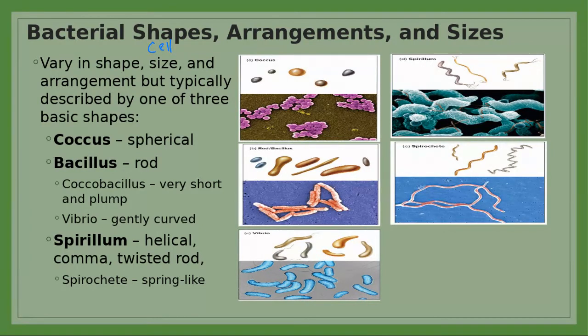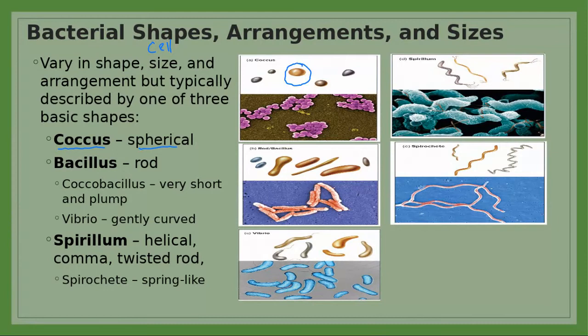So by using the microscope, we should be able to see the three main types of cell shapes. The first one is called coccus. Coccus bacteria means round or spherical bacteria, like this one over here. This is a coccus bacteria.